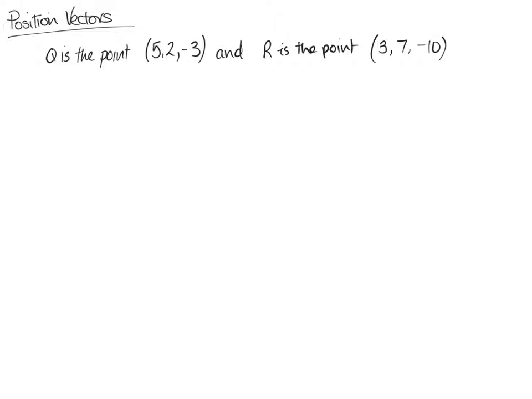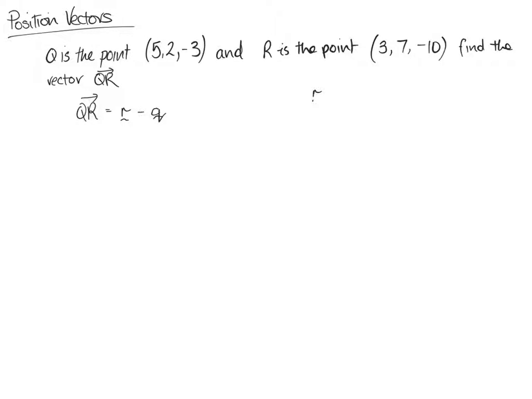Find the vector QR. So we're going from Q to R. So we find that by doing R take away Q. It's always the second letter take away the first one.